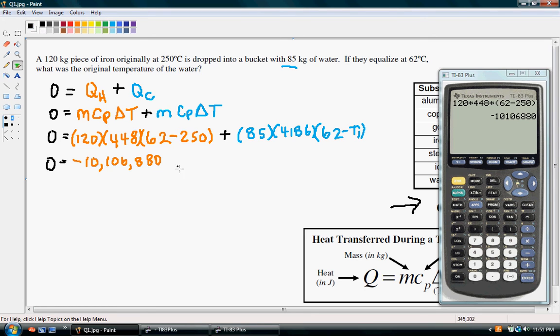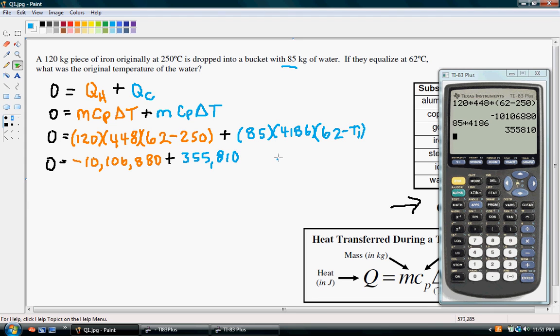And we're adding that to 85 times the specific heat of water, 4,186, and we get 355,810.